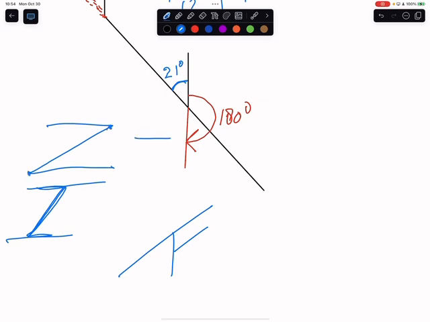It can also be like this. They're all Z's. Remember, the only thing you have to look for is parallel. That's Z angle. F angle, the exact same thing. F angle states that the angle on the inside is the exact same angle down there.